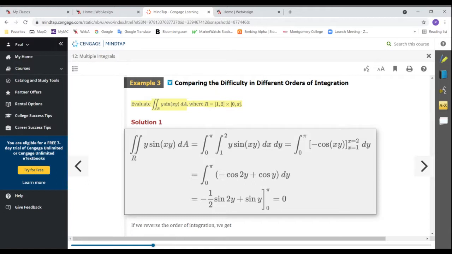But again, I think it would be helpful if perhaps I showed it on the whiteboard what they're doing here. So let me just write down the double integral for example 3. And let me go to the whiteboard.